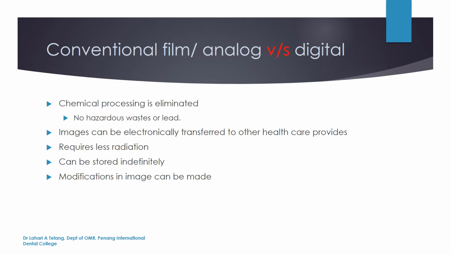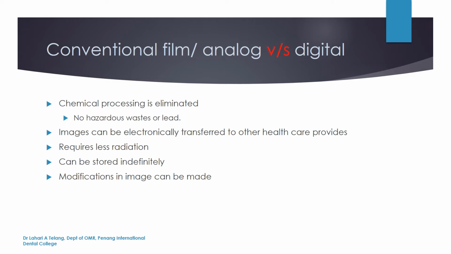Unlike films, which, if you store them in your archive, you really need to handle carefully, and they could be subjected to damage if they are not processed well enough or maintained well enough. Last but not least, modifications to the image can be made in digital imaging.